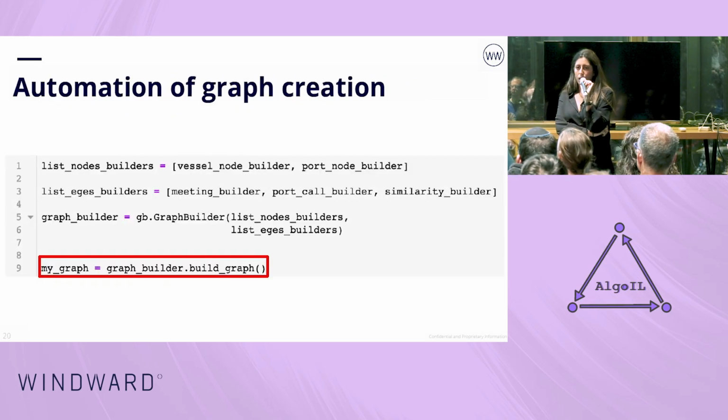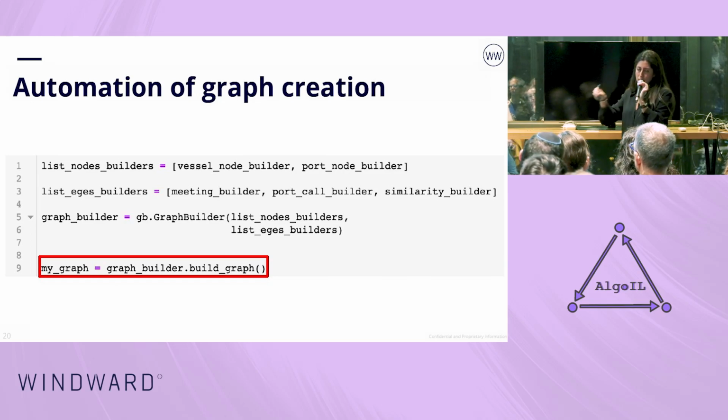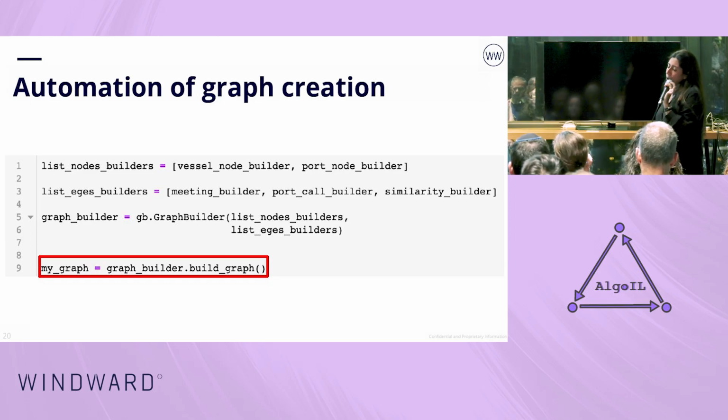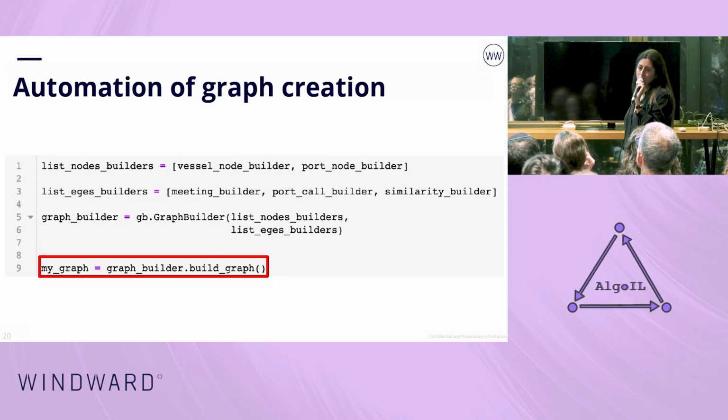So we built an internal library that is used to generate all these graphs. It basically works like Legos. You build some pieces and then put all the pieces together, and you choose which pieces you want for which problem, and then it enables you pretty easily to end up with your graph. In the end, you can build any graph in less than 10 minutes, without writing a single line of code.